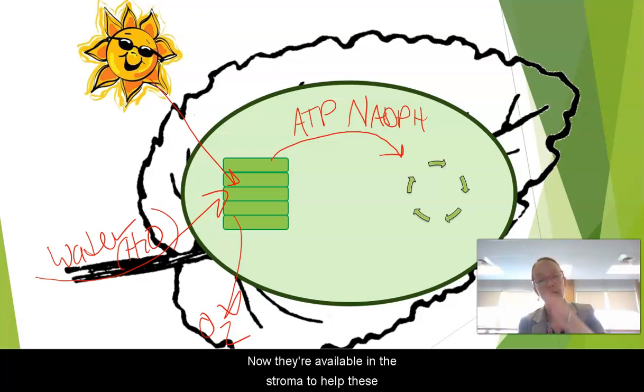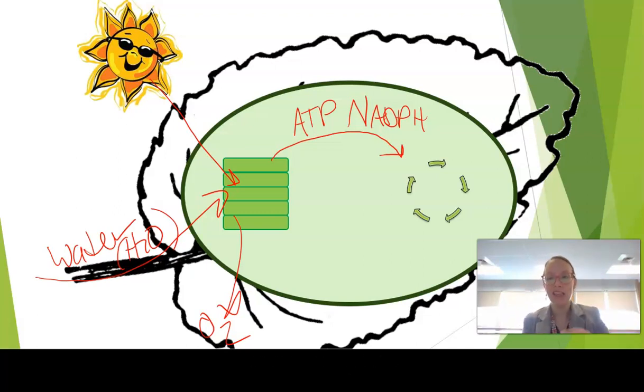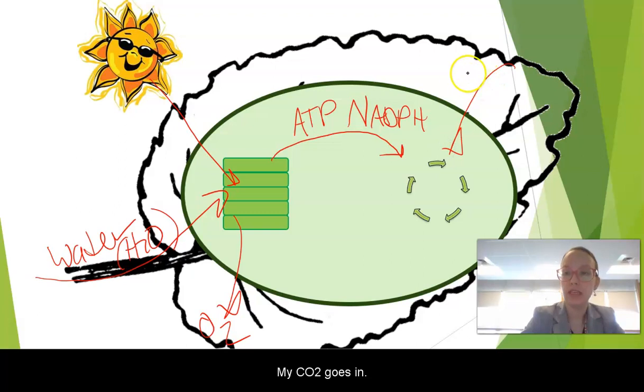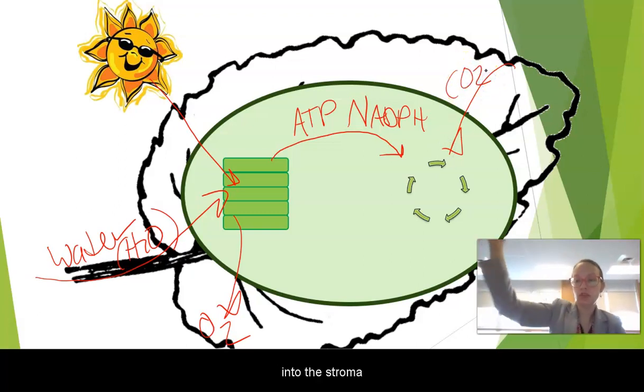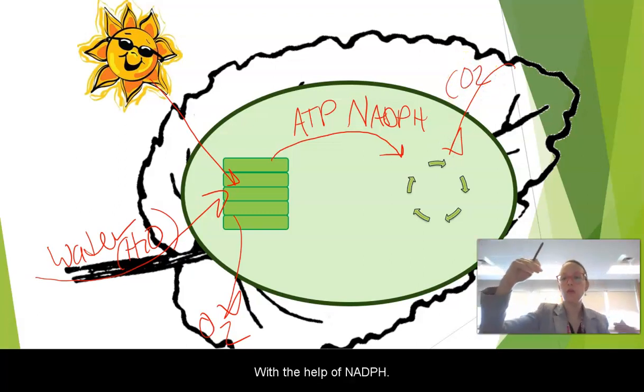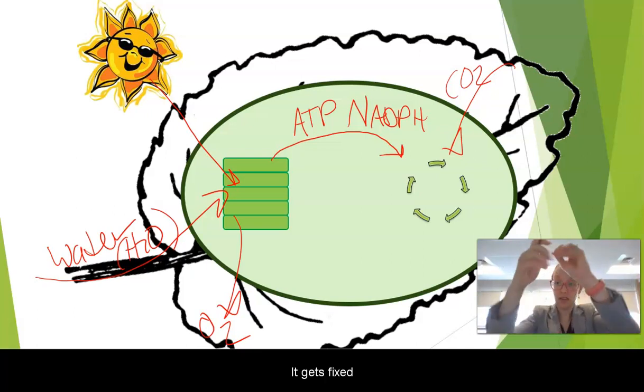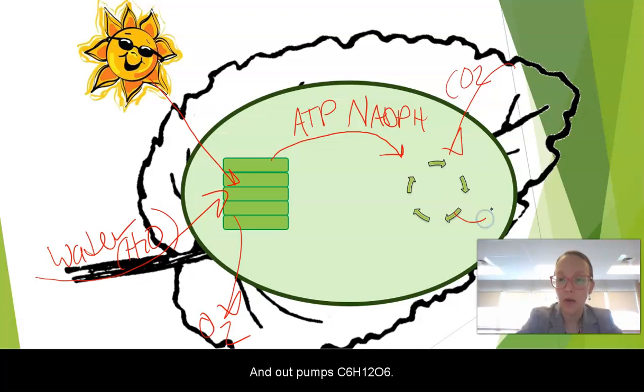Now they're available in the stroma to help these light-independent reactions. So my CO2 goes into the stroma. With the help of NADPH, it gets fixed and out pumps C6H12O6 or glucose.